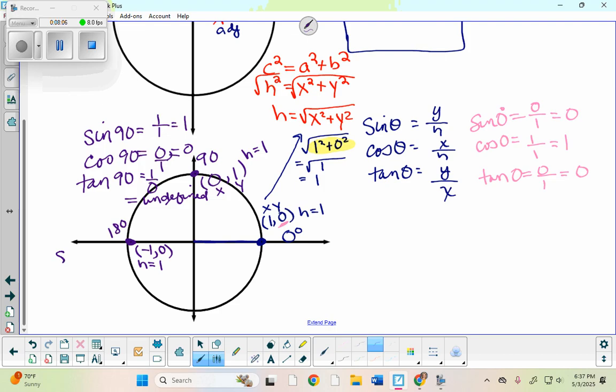So the sine of 180, sine is y over h, so it's 0 over 1, which is 0. Cosine of 180, cosine is x over h, so it's -1 over 1, which is a -1. And then tangent of 180 is y over x, so it's 0 over -1, which is 0.